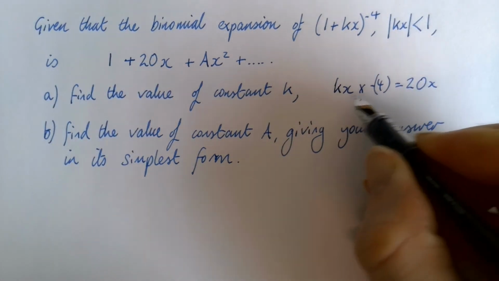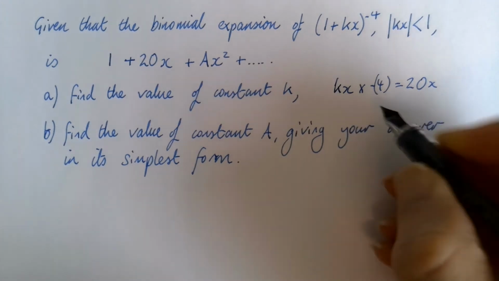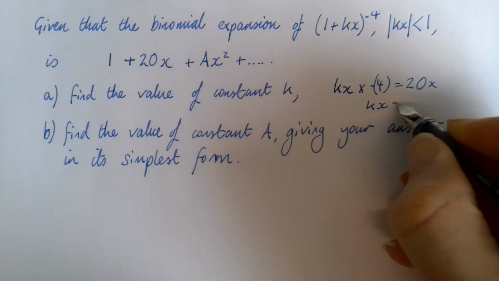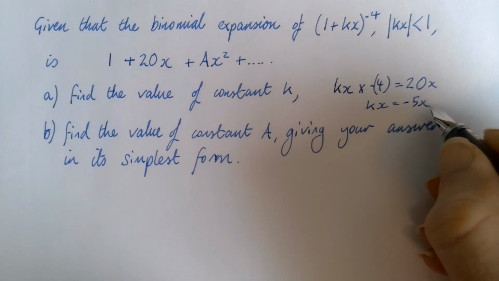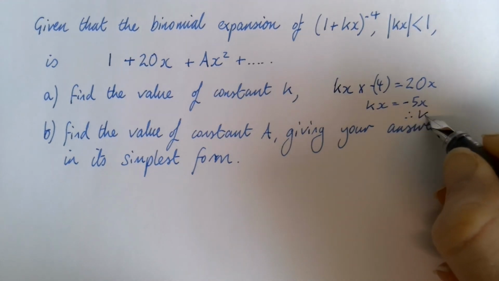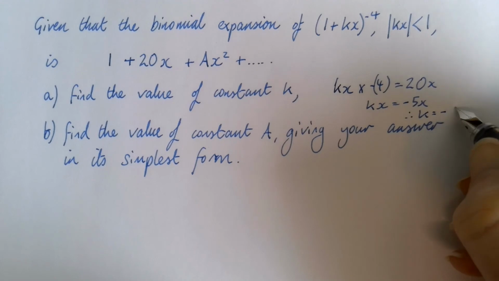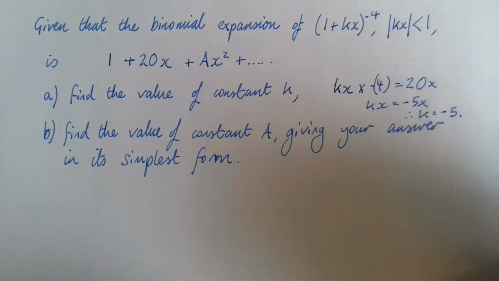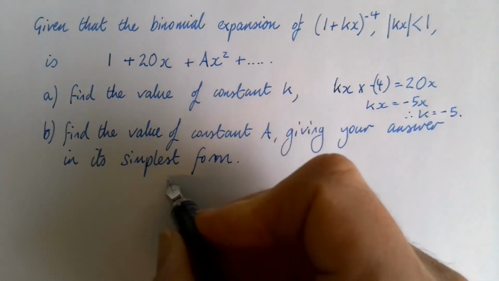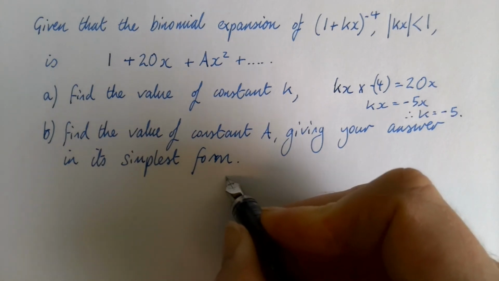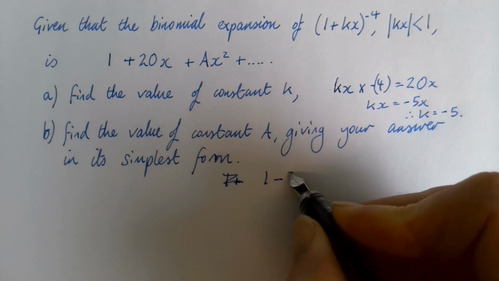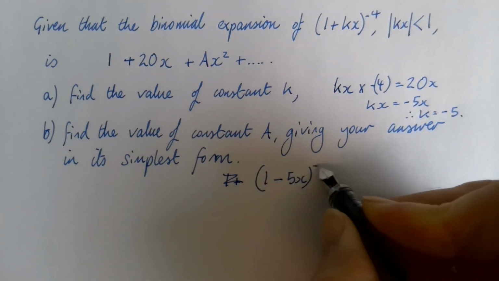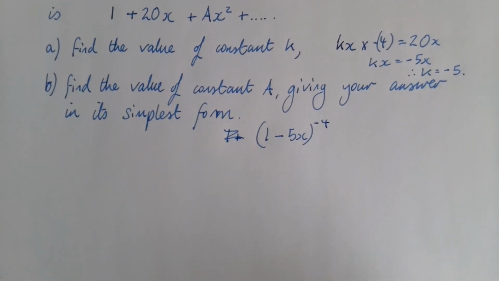So if I divide by negative 4, kx is going to be negative 5x, isn't it? If I divide both sides by x, therefore k must equal negative 5. So we're able to say that what we're looking at here is 1 plus, well, not 1 plus, I mean 1 take 5x to the power negative 4.